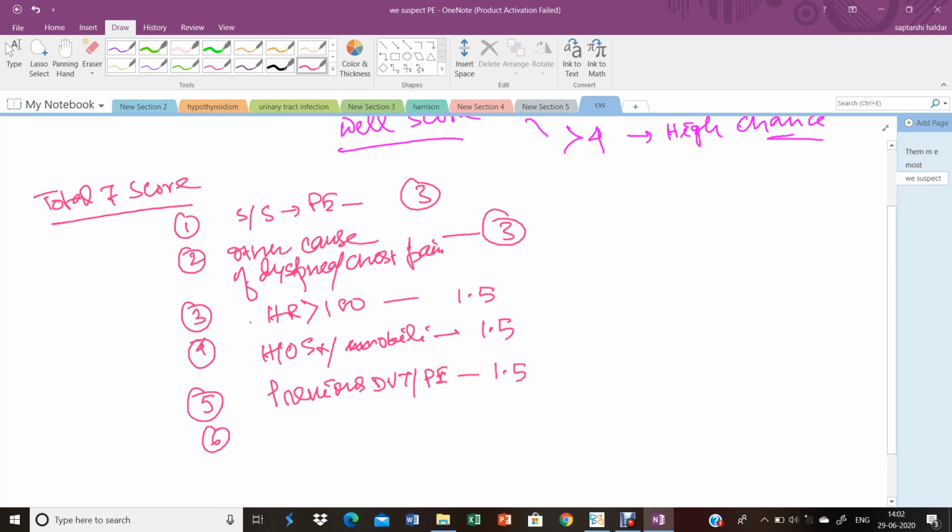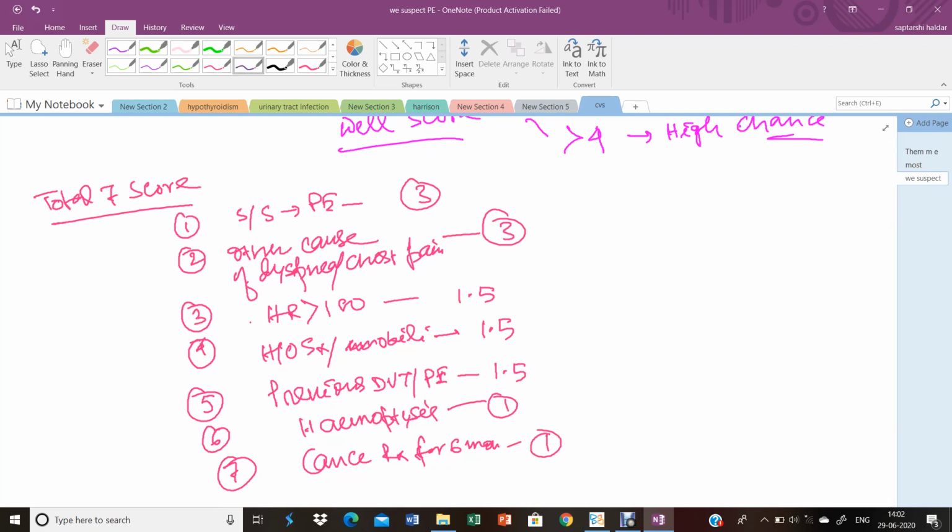The last two: if the patient has hemoptysis, then 1 point. If the patient has cancer treated within the last 6 months, that is 1 point.